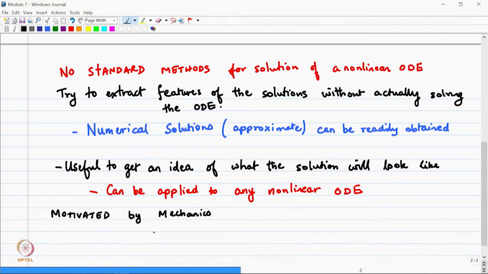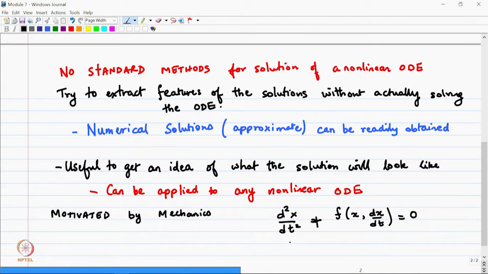So I will write d square x by dt square plus f of x times dx by dt equal to 0. Okay, so this is a second derivative of some coordinate plus some function of the coordinate, and the first derivative is equal to 0.